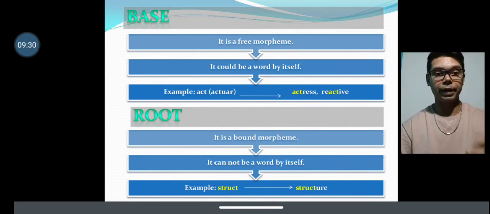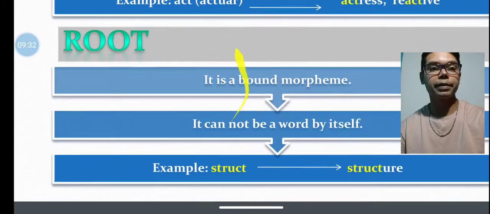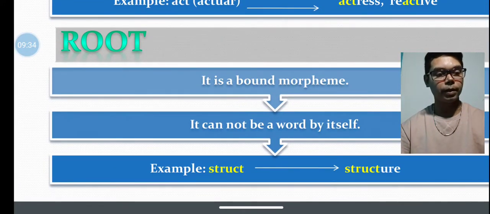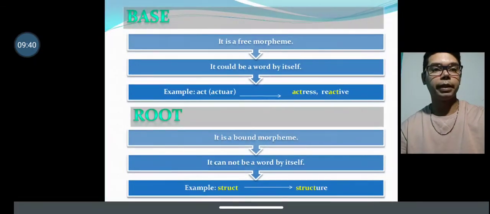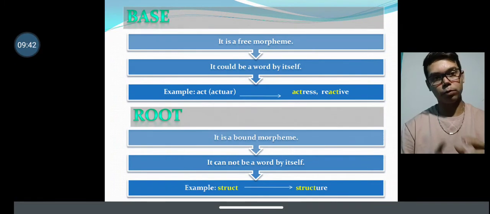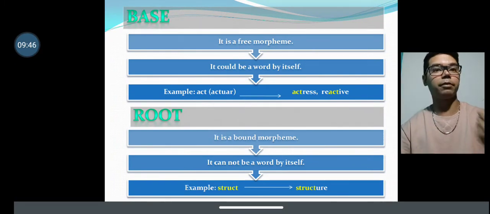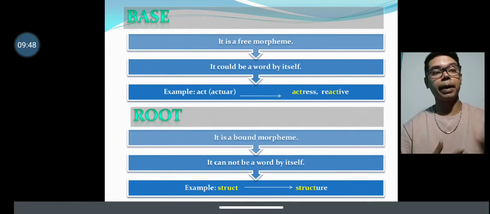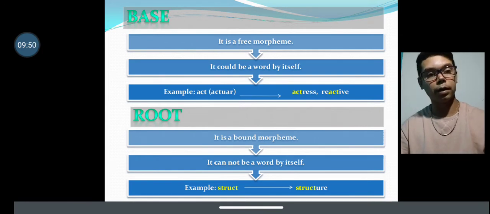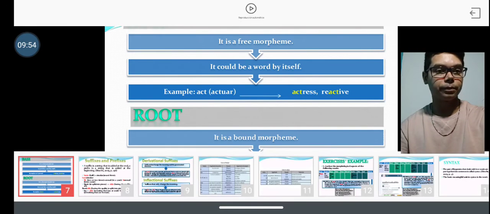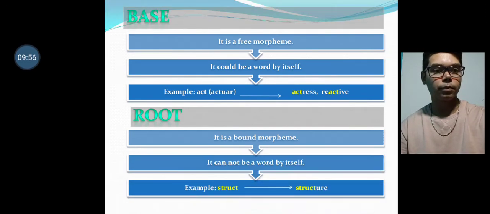And then we also have the example where we can say, for example, struct, y le agregamos ese sufijo ure, structure. Okay? Entonces, en líneas generales, podemos decir que un morfema libre, a free morpheme, is a base, and a bound morpheme is going to be a root. Un morfema ligado va a ser una raíz.